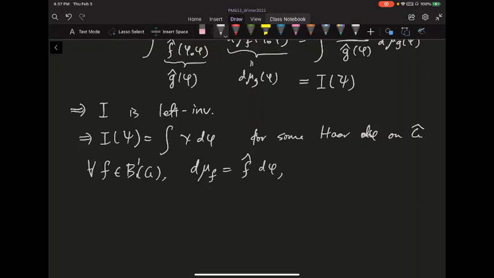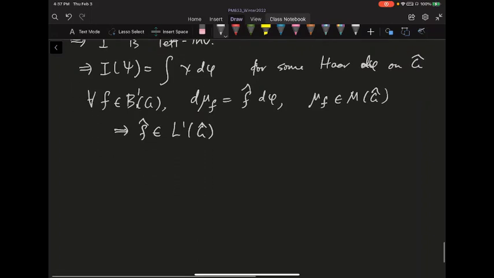And so, because your mu_f is now inside M of G hat, and it's written as a function times the Haar measure, also because when you integrate, it has to be finite, this essentially just proves f hat is also inside L1 of G hat, okay? You have to multiply an L1 function, otherwise your mu_f is not going to be inside M of G hat, not going to be bounded. All right, so this essentially finished the proof.